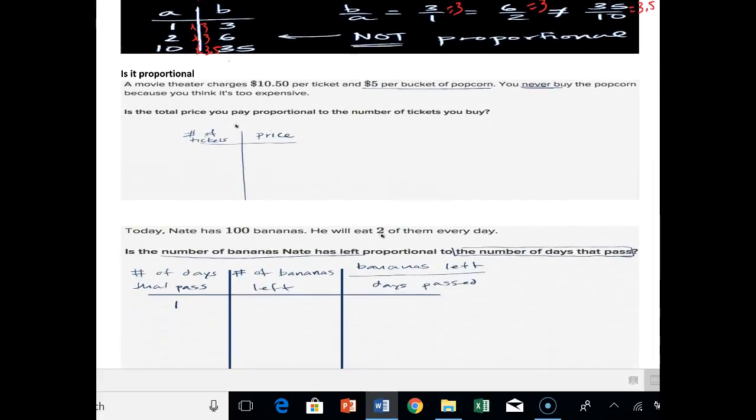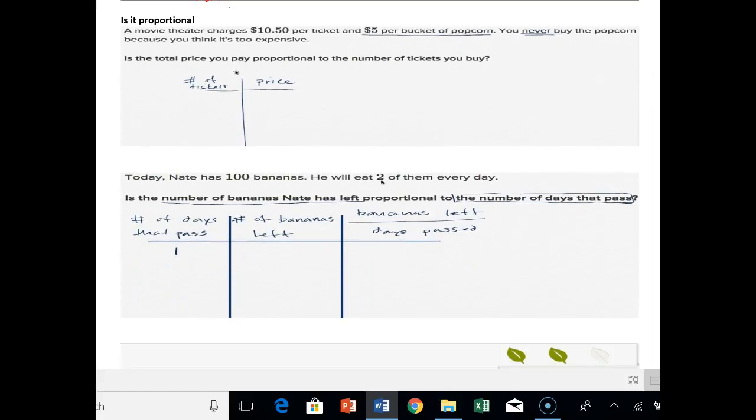So let's take a look at this first problem. Is it proportional? That's what we're trying to figure out. A movie theater charges $10.50 per ticket and $5 per bucket of popcorn. You never buy the popcorn because you think it's too expensive. Is the total price you pay proportional to the number of tickets you buy? We're just looking at total price we pay and the number of tickets we buy. All this popcorn stuff is nonsense, we don't even need it. So let's pretend we bought one ticket.